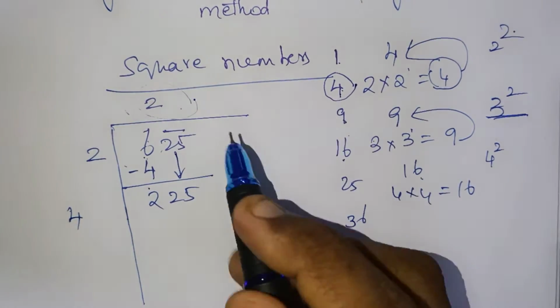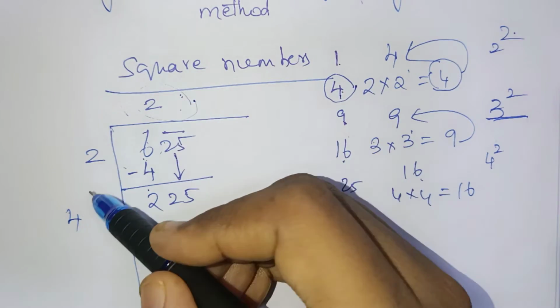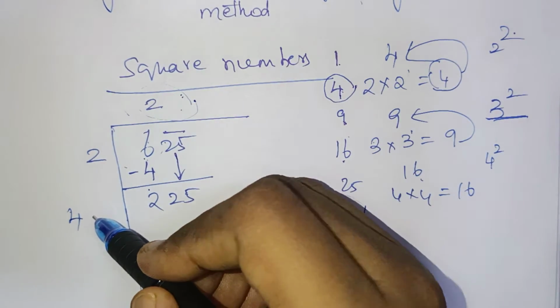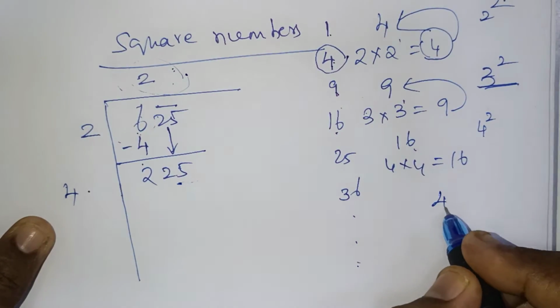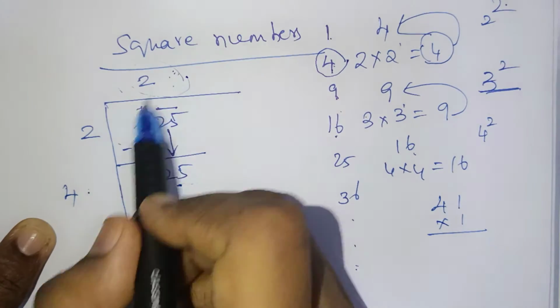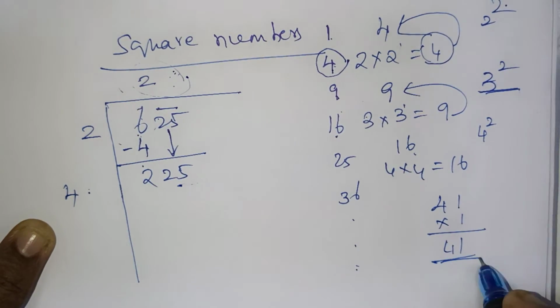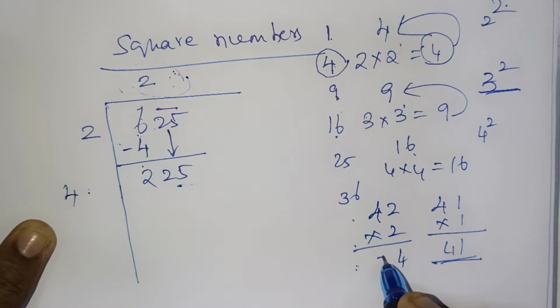Next, whatever number you are writing in the quotient side, the same number has to be repeated over here. So now let me start with 4. That is 41 into 1. As I said, the same number has to be repeated on both sides. So 41. Next 42 into 2, that is 84.